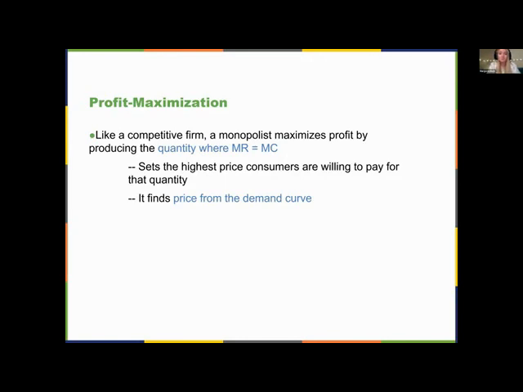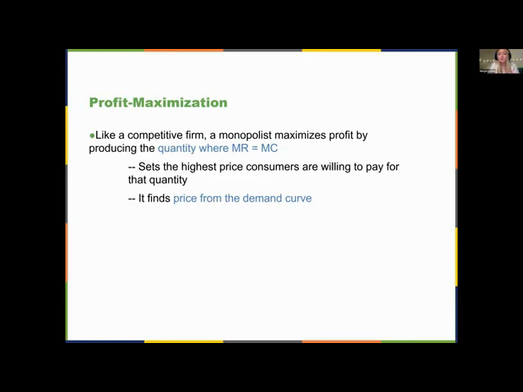So the money they're bringing in from that quantity is bigger than the money it's costing them to make that quantity. What does that mean? Well, the monopolist could step back and say, hey, I'm bringing in more money than what it's costing me. I have room to sell a little bit more product, thereby bringing in extra money. That adds to my profits.